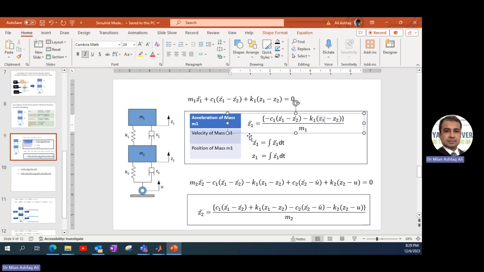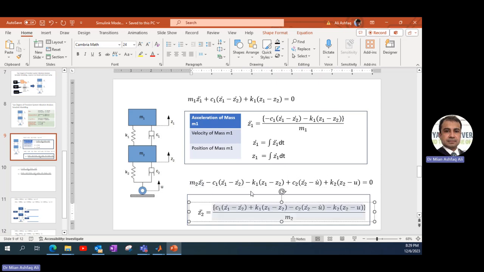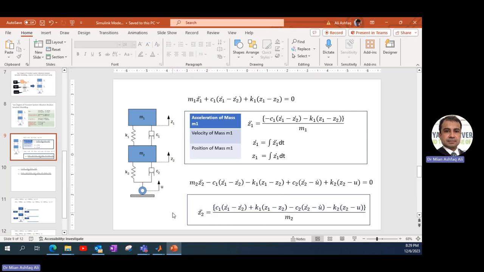We can take the integral of this signal to get the velocity of the mass, and integrate once more to get the position of the mass with respect to time. Similarly, from the second equation, we can also get the acceleration. If we take all the terms to the right and leave Z2 double dot on the left.